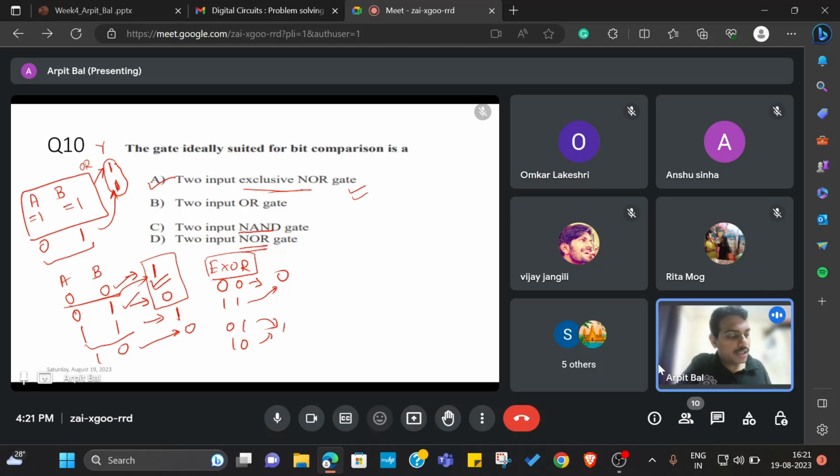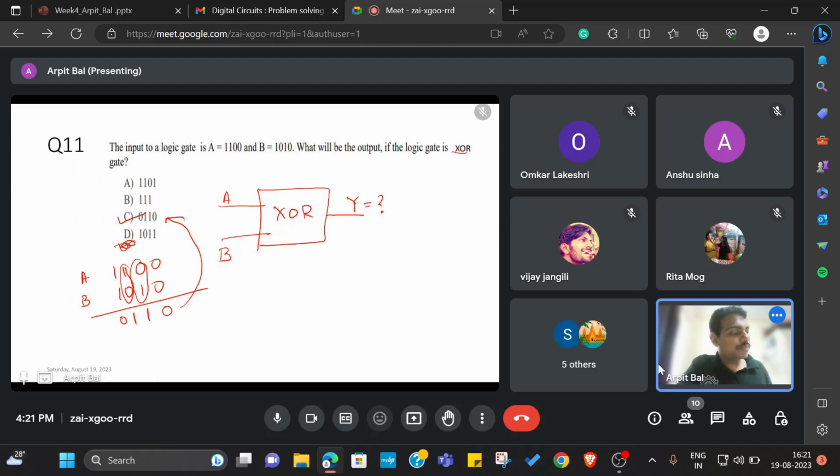So here we did the same thing for OR, and similarly it can be shown for NAND and NOR as well. You can come up with expressions and show that if the output is not going to be different when A and B are opposite or similar, then that gate is not suitable for bit comparison. We also showed that XNOR and XOR are both suitable for bit comparison if needed.